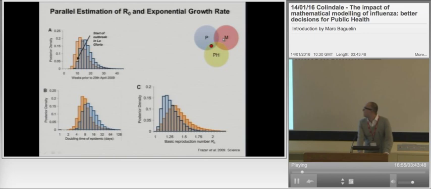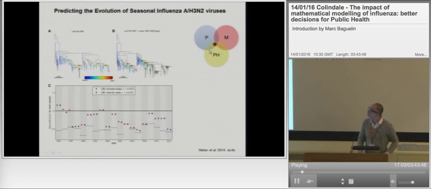But here, I dare say that the modeling part is probably not the strength of this study. However, the public health impact was huge. Another example where you can see we're getting closer to the center, ever so slowly, is work by Neher et al. very recently, which is basically presenting a novel framework to try to predict what the next fashion in flu will be.